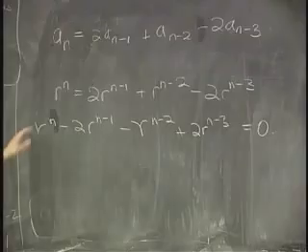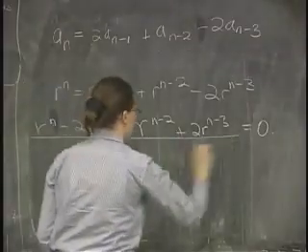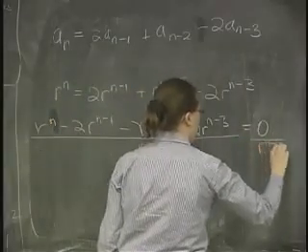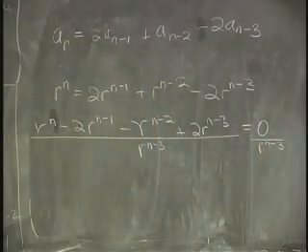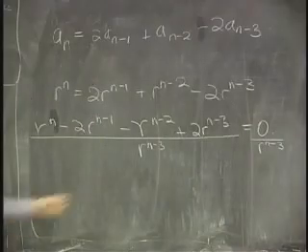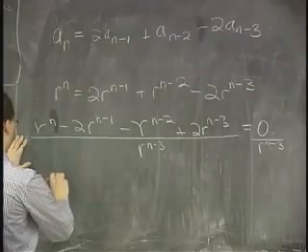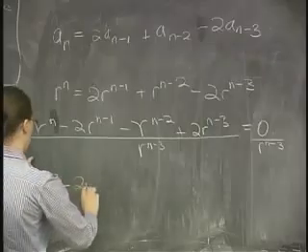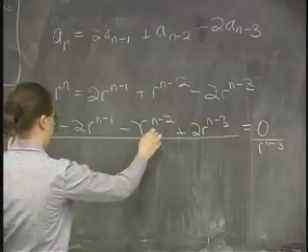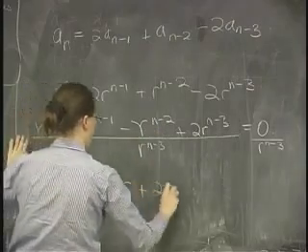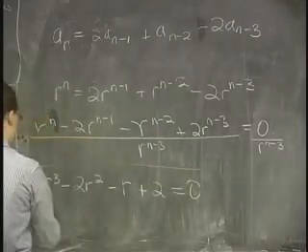Okay, so now I divide through both sides by r to the n minus 3. The reason I'm doing this is I want to end up with a constant term out on the end. I want to end up with a polynomial. So I get r cubed minus 2r squared minus r plus 2 equals 0.